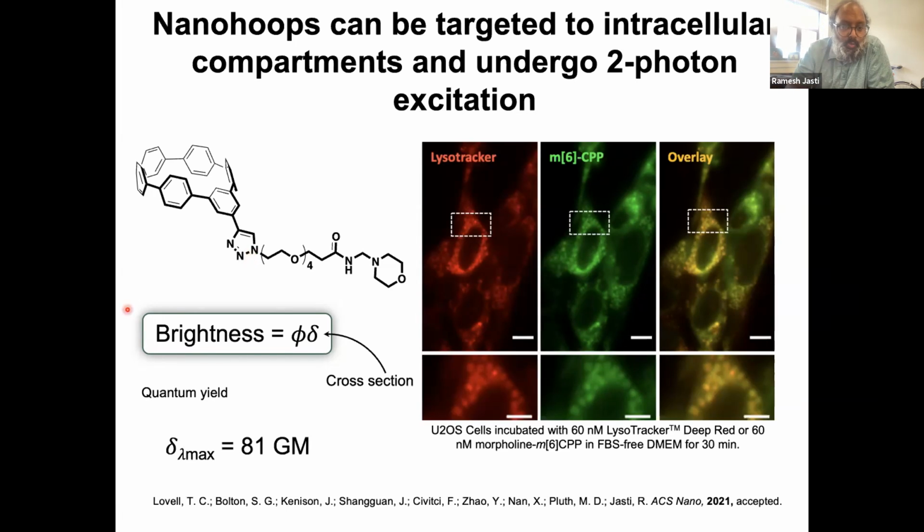So we measured the 2-photon cross section, incubated some cells, and looked at these things. Without going into a huge amount of detail, yes, you can excite these with 2-photon. You can traffic these to certain places in the cell, and you can image them. So that was exciting for us.